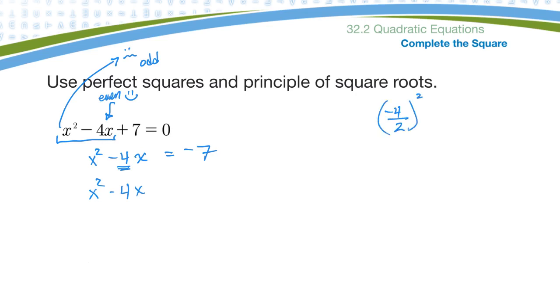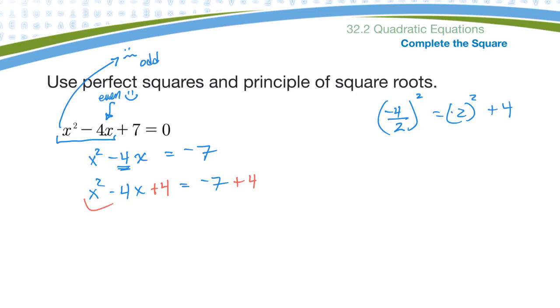You do that every time. So negative 4 divided by 2 is negative 2, and negative 2 all squared is a positive 4. So then you add 4 to this side. Now you can't just throw in a 4 anywhere without compensating for it elsewhere. You could either subtract a 4 on the same side, or I like to add 4 on the other side.